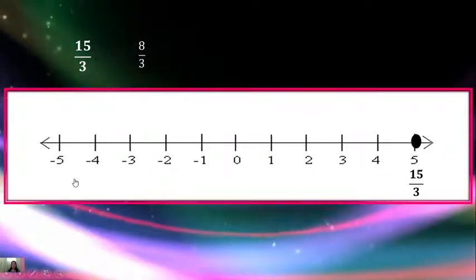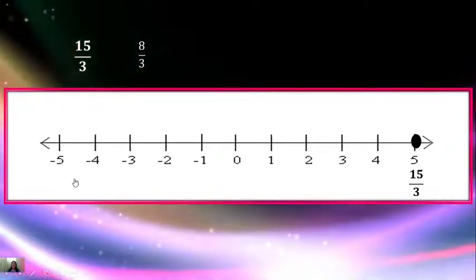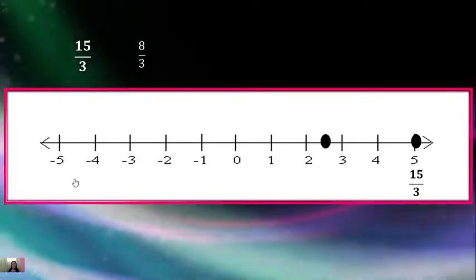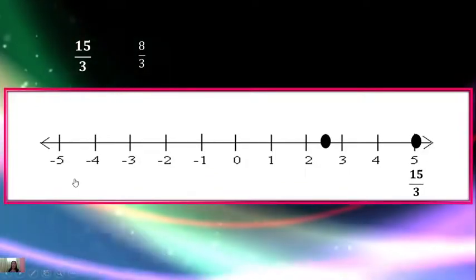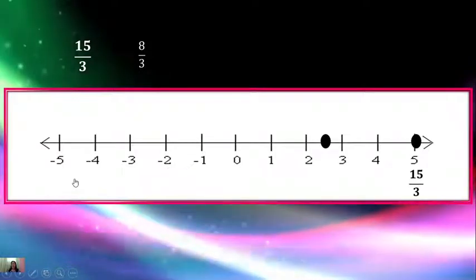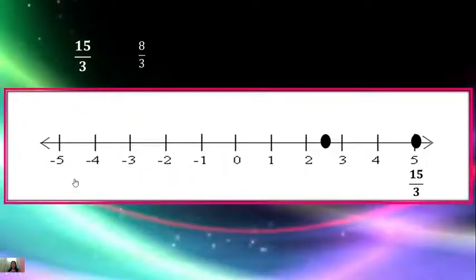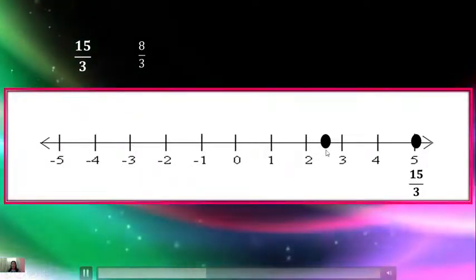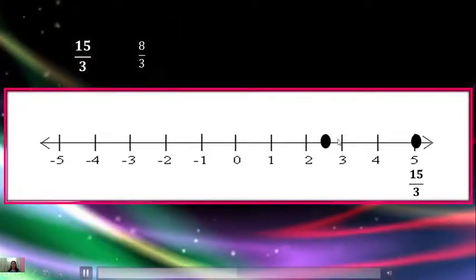In decimal form, that is a repeating decimal, 2.66 with a vinculum. 2.666 means that it is in between 2 and 3.